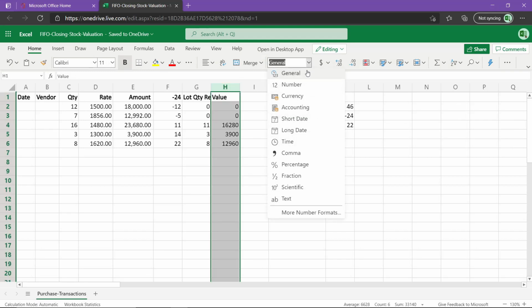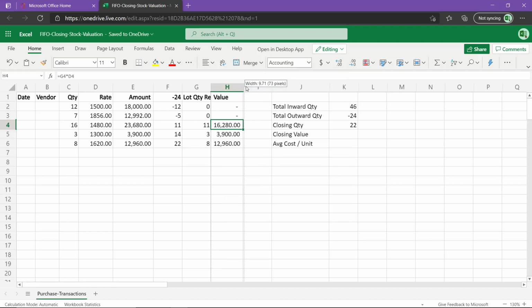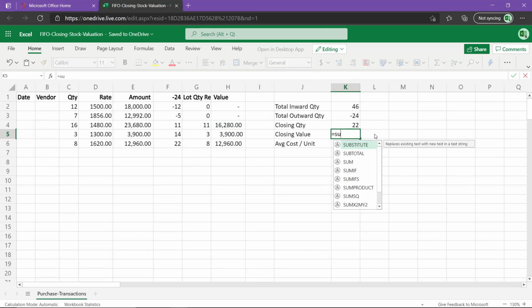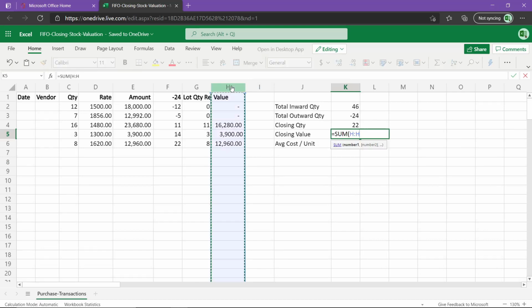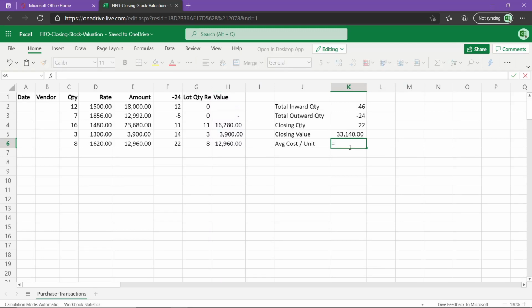Let me apply comma formatting for this. Total closing value is equal to SUM of this column, and average cost would be equal to total closing value divided by closing quantity, so average cost based on the FIFO.